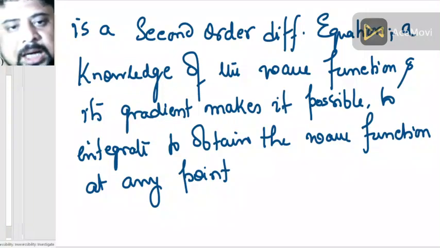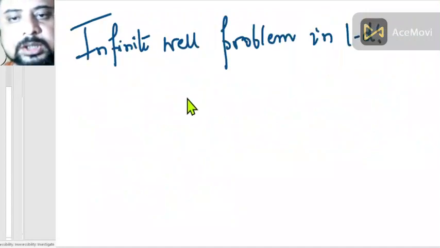And when you find the wave function at a particular point, then you can extract information from the wave function regarding the particle, how the particle is behaving in that region. So physically this is the reason. Don't get confused in the mathematical complexities. Try to understand the physics.